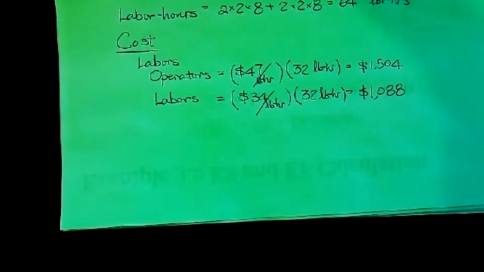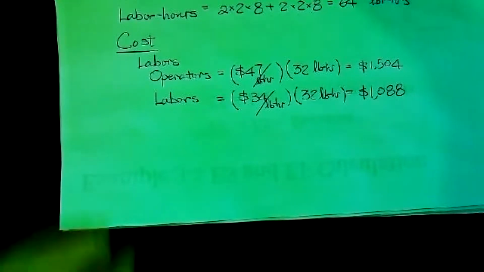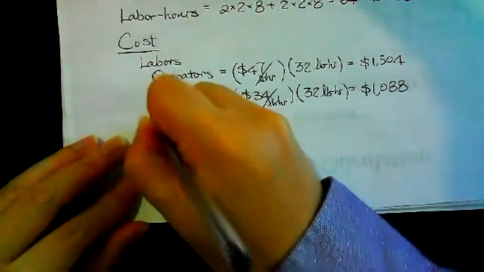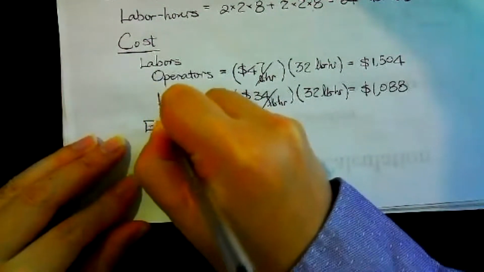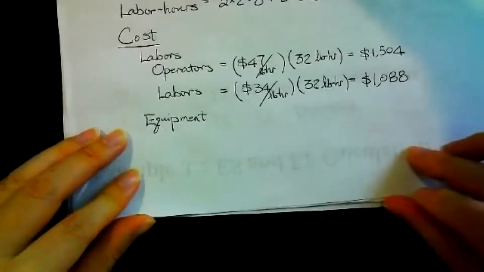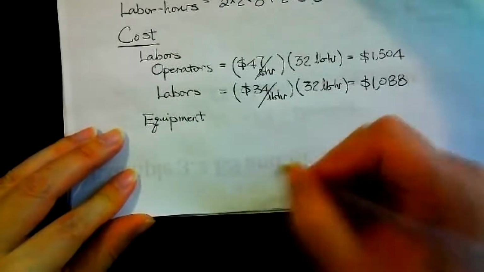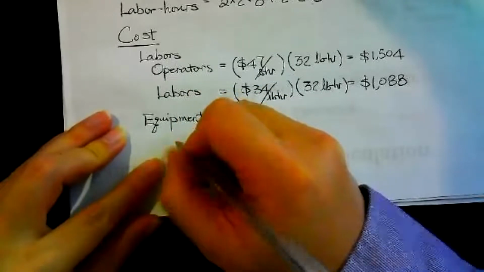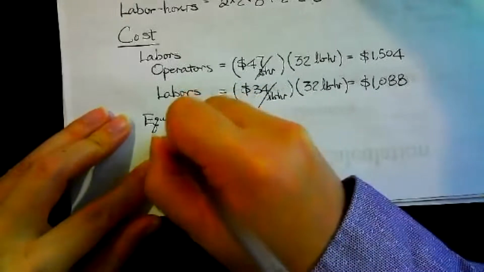And then for equipment cost, we have 2 types. One is the front end loader.